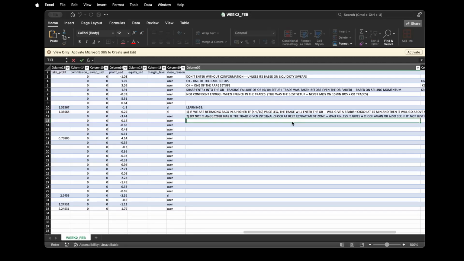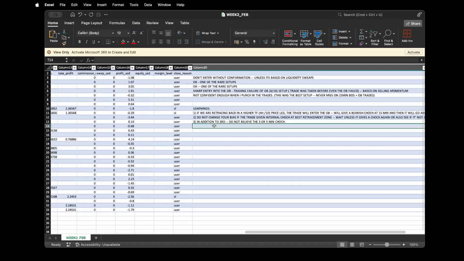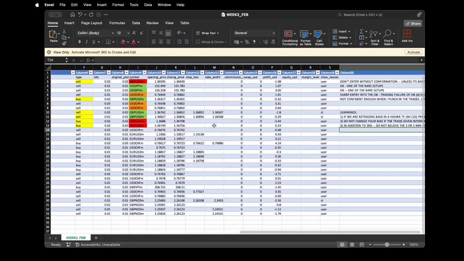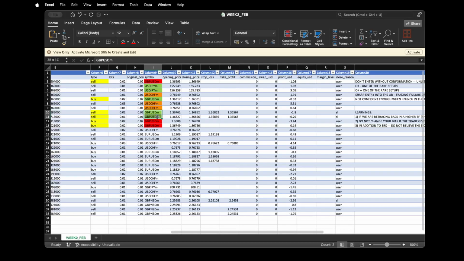In addition to the third point, do not believe the 3 or 5 minute huge change of characters, market structure basically. And another thing is, after one loss, you do not trade more.